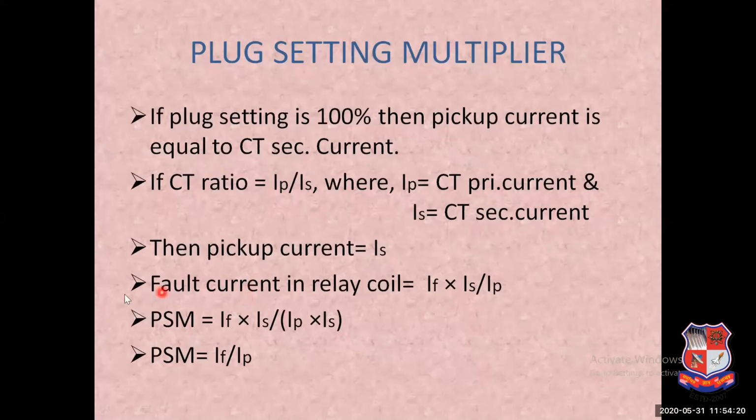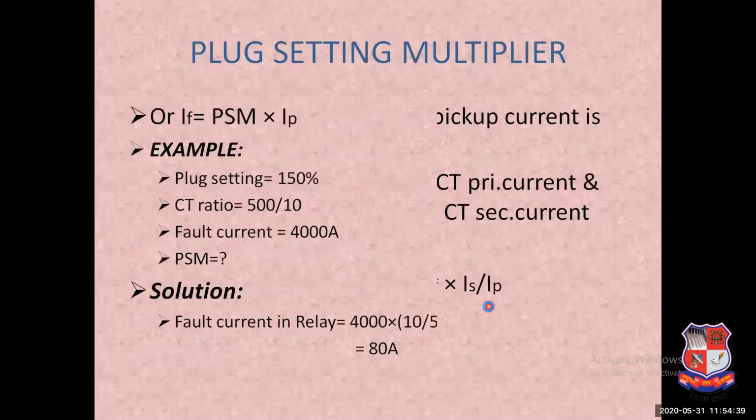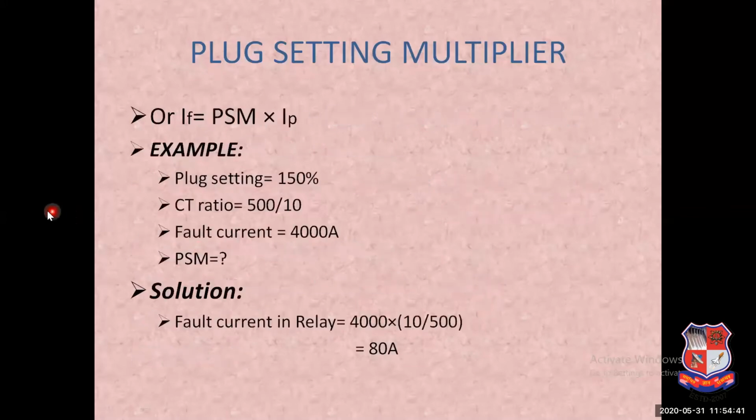Now, fault current in relay coil. We have to find the fault current in the relay coil, which is IF into IS by IP, because we have to find the fault current on the CT secondary side. So we use the factor IS by IP.